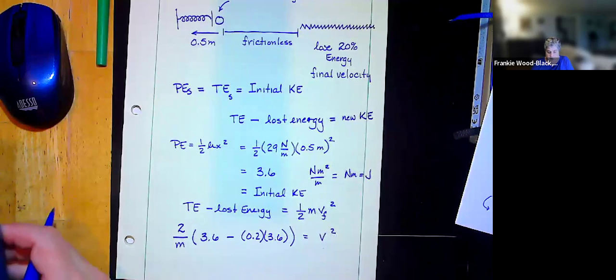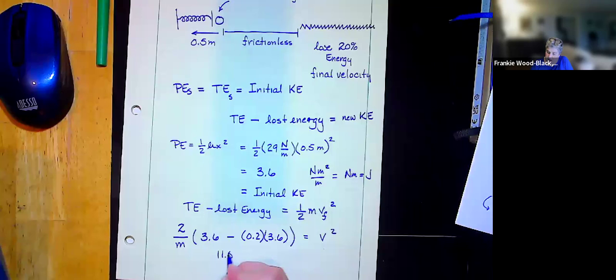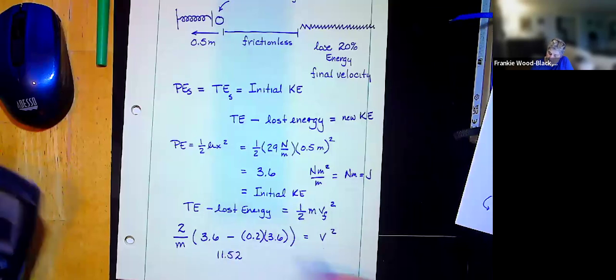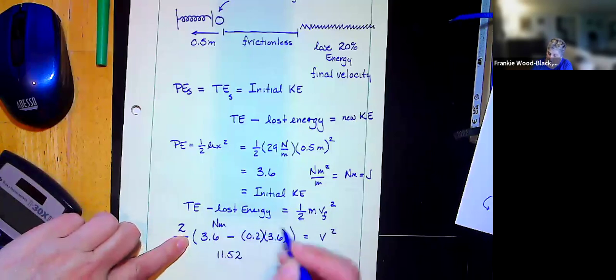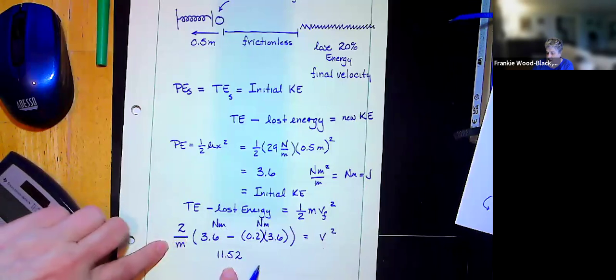So 2 divided by 0.5 times 3.6 minus 0.2 times 3.6. If I've punched it into the calculator correctly, I get 11.52. And this unit here was joules, so this is in newton meters, so we're okay there.